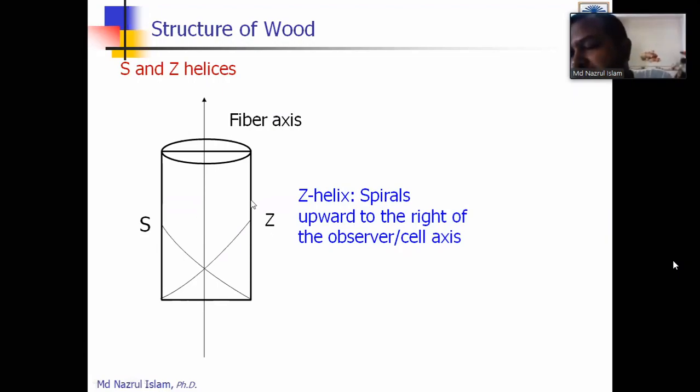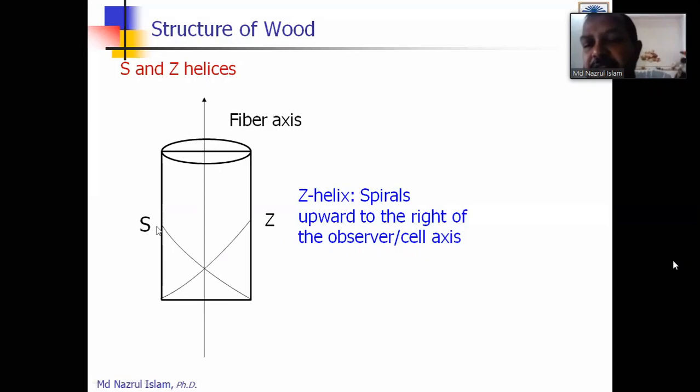Helix means a spiral. So if it goes left to right, just orientation like that, that angle we will say Z helix. And the opposite, from right hand to left hand, if it makes the angle, that is the S helix.